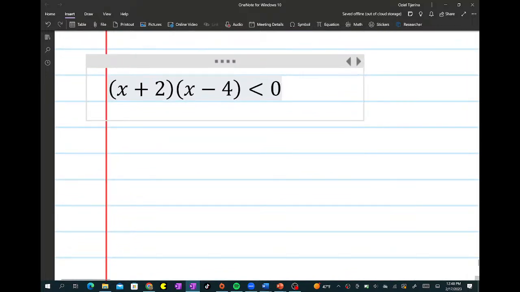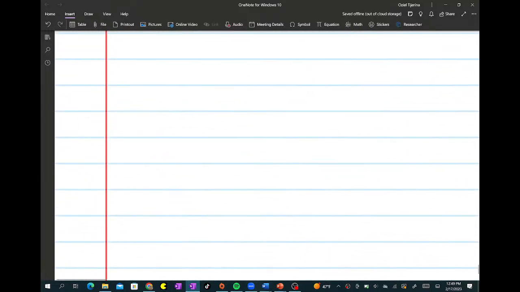The only difference when you say less than 0 or greater than 0 is that you're still going to state your x-intercepts, but you're just not including the numbers in the interval. So like this one, it's literally the same thing as when we were doing rationals, but obviously it's a quadratic.